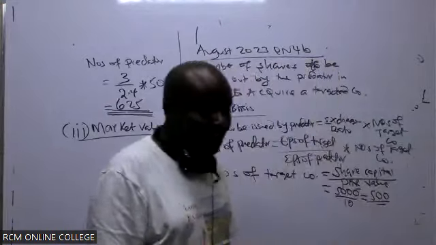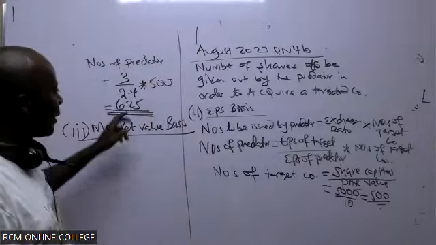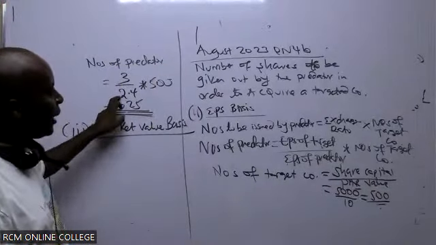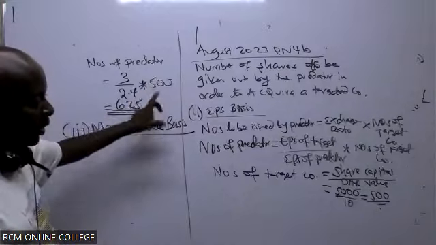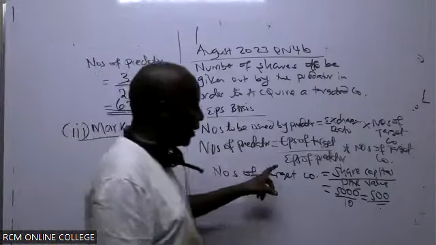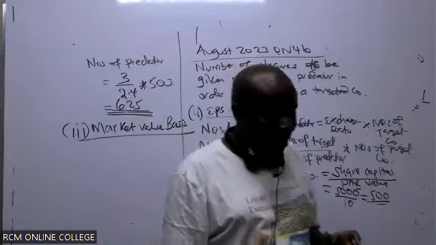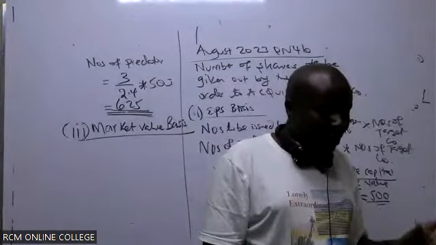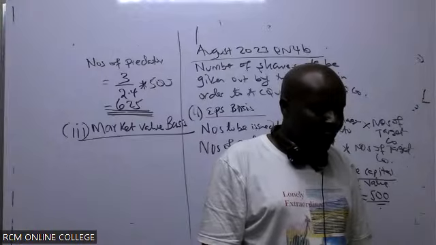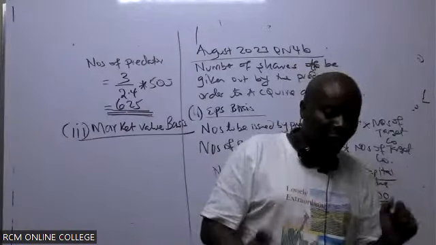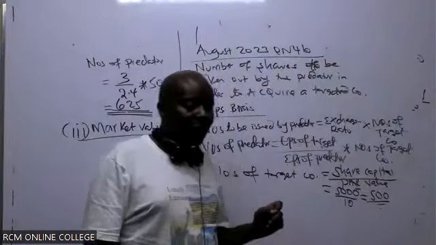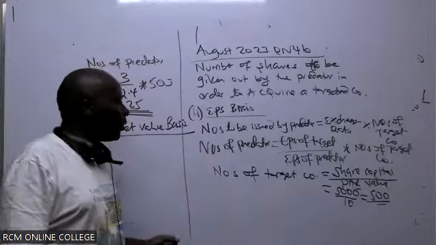That's how we got the exchange ratio, 3 and 2.4. And then, of course, we obtained this 500 by taking the number of shares of the target company, taking the share capital. If you look at the first table given, the balance sheet, the ordinary share capital of Bero is 5,000. We divide by the par value there, which is shillings 10. I hope that is helpful.